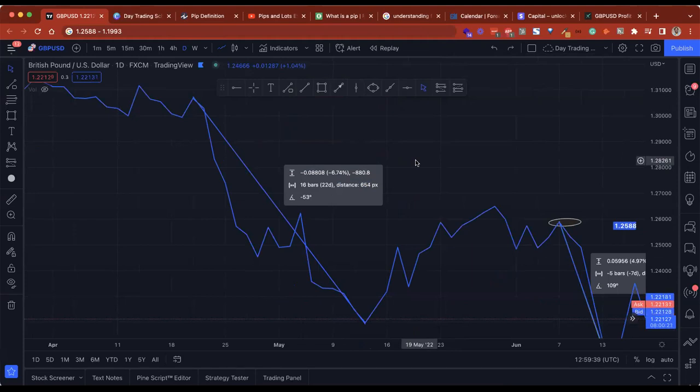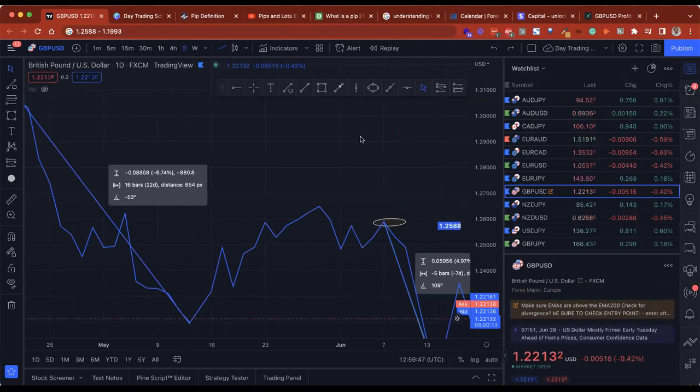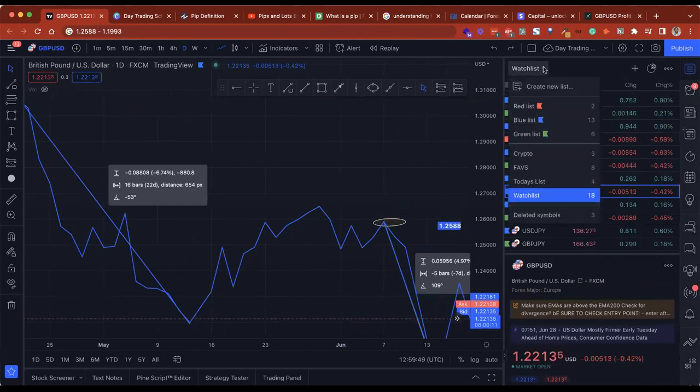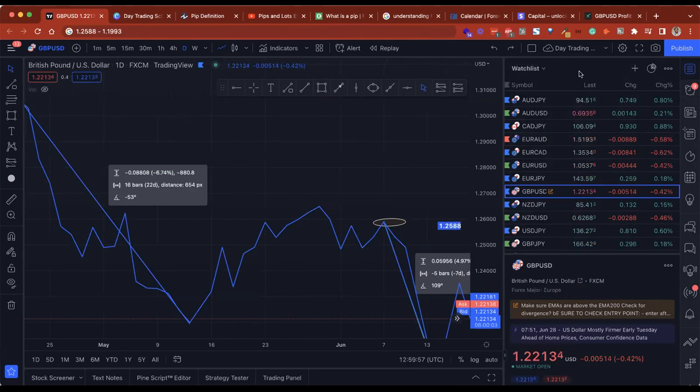Okay, cool. All right, last thing I want to talk about today to end off grade 1 is the different kinds of financial instruments. So in TradingView, over here, you can create a watch list, okay? And you can create a watch list of all of your favorite currency pairs, crypto, stocks, everything you want.